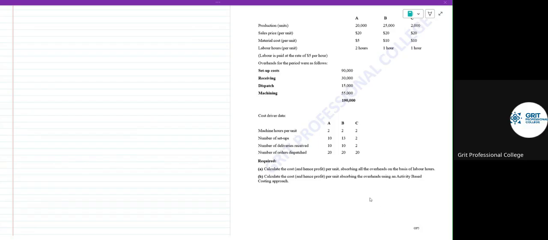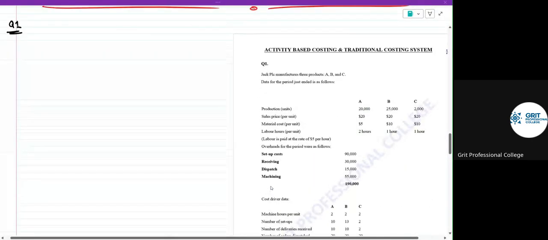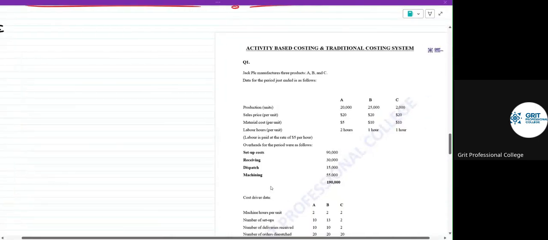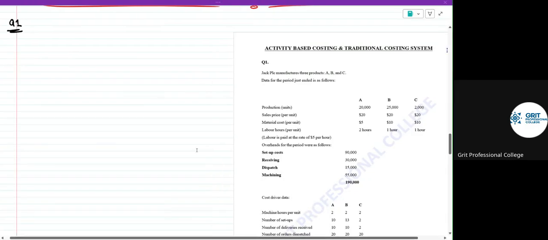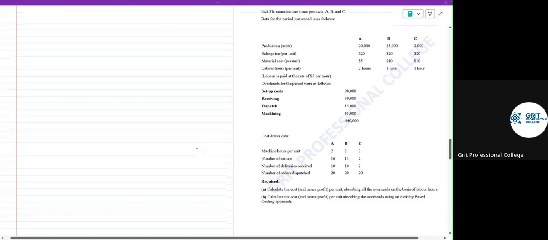So you can clearly see, do the same thing, but under two approaches. Especially when it comes to the approach where you use the traditional one, the examiner likes to tell you the basis of absorption.